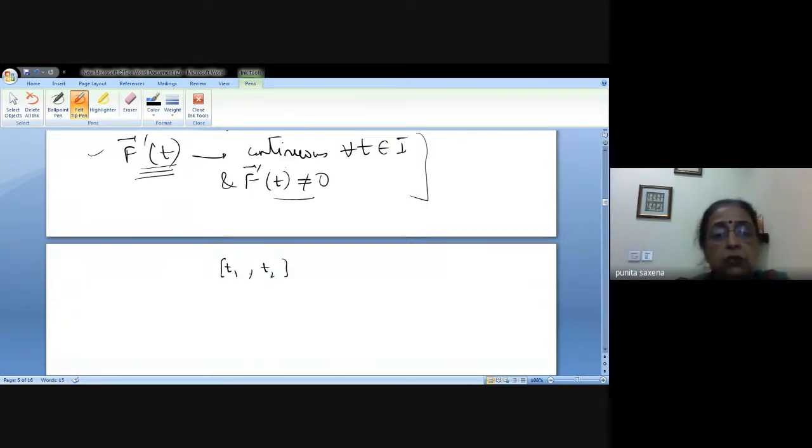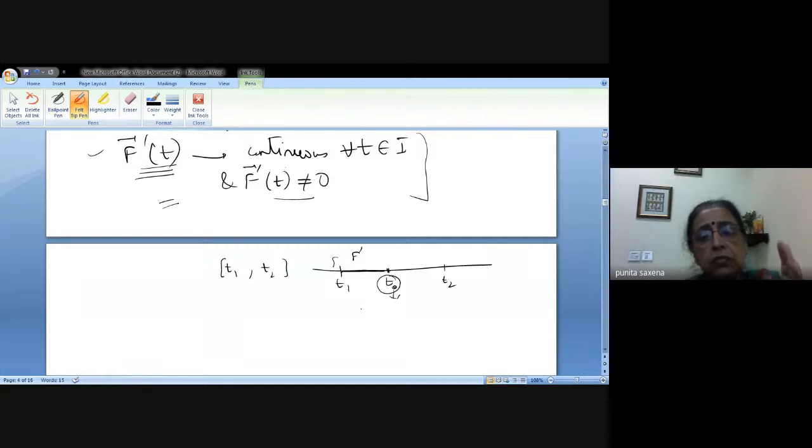It could be that from t1 to some t naught the derivative is continuous and does not vanish, but at t naught the derivative vanishes. Then by this definition the curve is not smooth in the whole interval I.